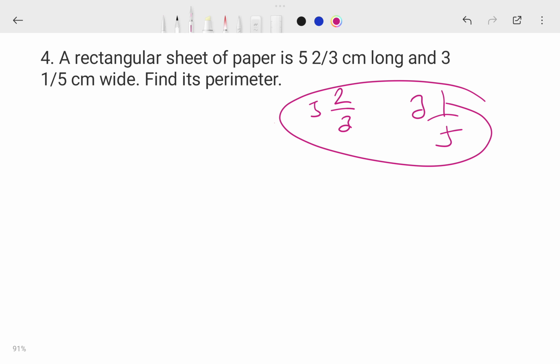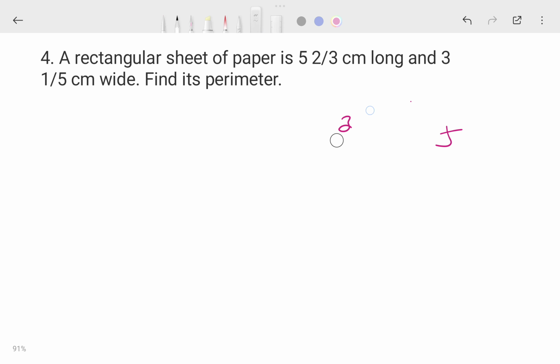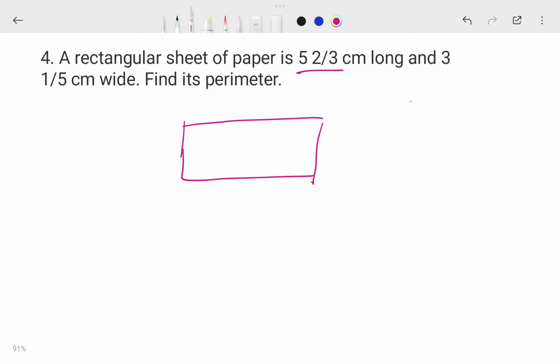Okay, so now this is the question. What we have to do is find the answer like that. Just see the question. A rectangular sheet of paper is 5 2 by 3 centimeters long and 3 1 by 5 wide.